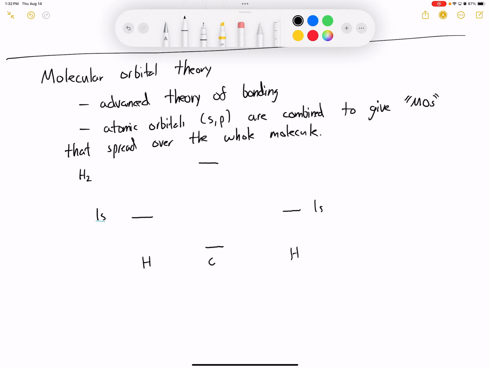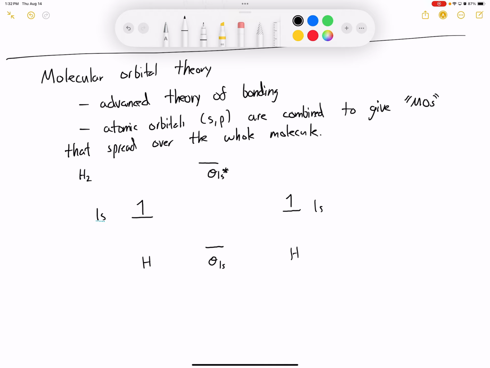We denote them as sigma 1s and sigma 1s star. All right? So how many electrons are in the 1s orbital for just one hydrogen atom? Yeah, just one, right? So that's 1s1. So let's put it right here and right here, okay?